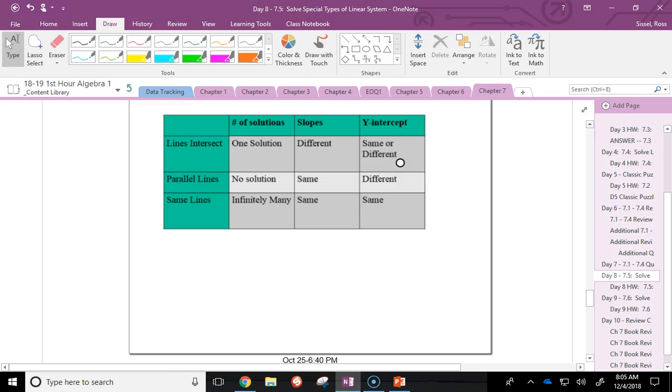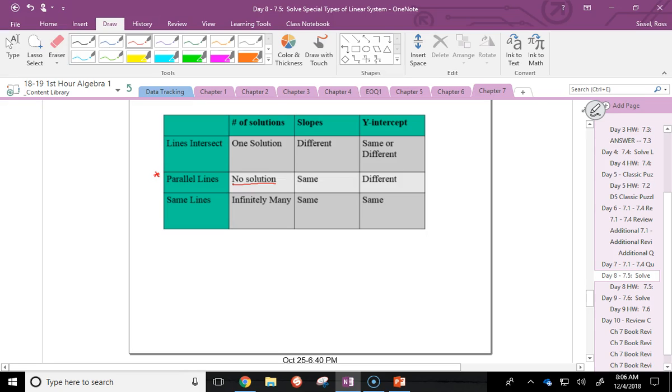And like Connor told us, the only time it's going to be the same is when that y-intercept is our intersection point. If we have parallel lines, I'm going to make this note over here though. Parallel lines means how many solutions? No solution. I was going to write it on the side. I forgot I had it on there. More work I was trying to do for myself.